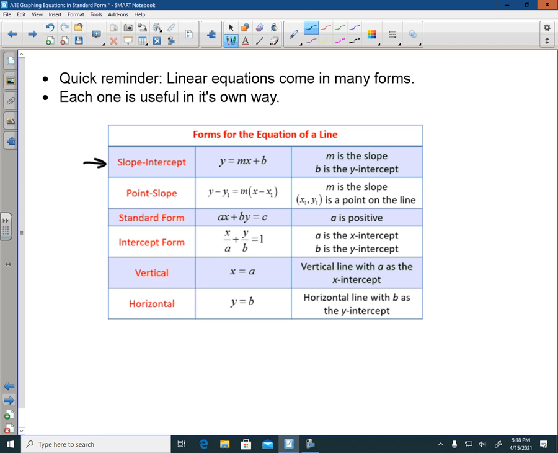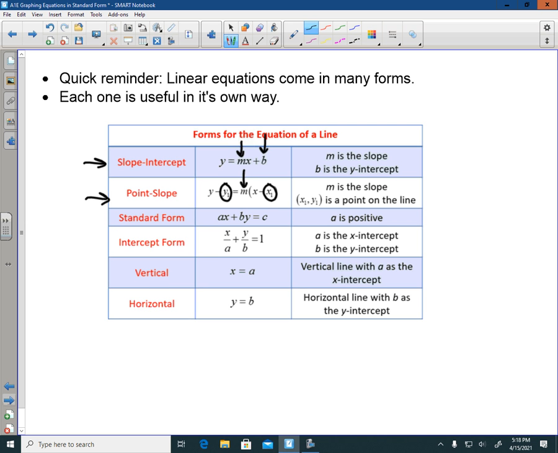That's where if you know the slope of a line and the y-intercept, you can easily write the graph of that line because you just plop those numbers into those places. There's also point-slope form, which is my favorite because, again, if you know the slope and the value of a point that's on that line, then you can make an equation of the line.